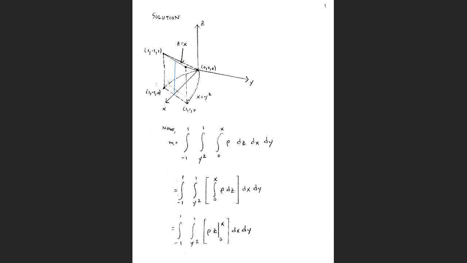And since the density is constant, the solid would balance right along that XZ plane perfectly. And so therefore, the moment about the XZ plane is 0. Does that make sense?